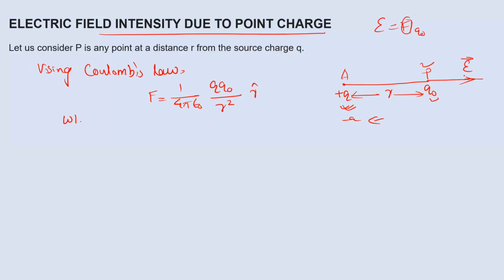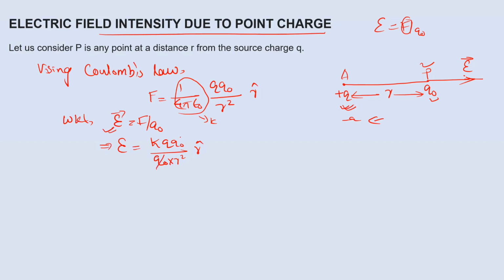Now, we know that electric field intensity is the force per unit test charge. So here, if we substitute the value of force, this term can be written as K. So I'm writing it as K Q Q naught by r square, r cap, divided by Q naught. I've just substituted the value of force in this equation.